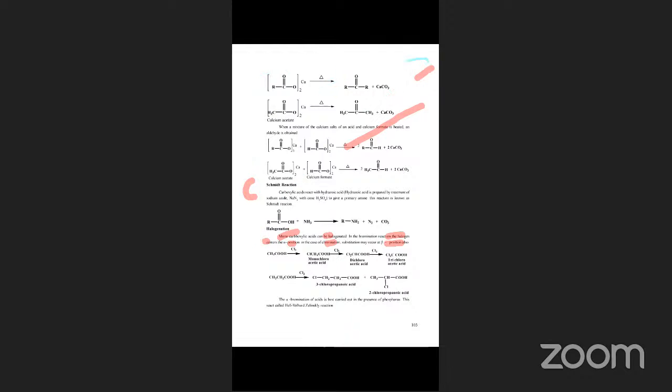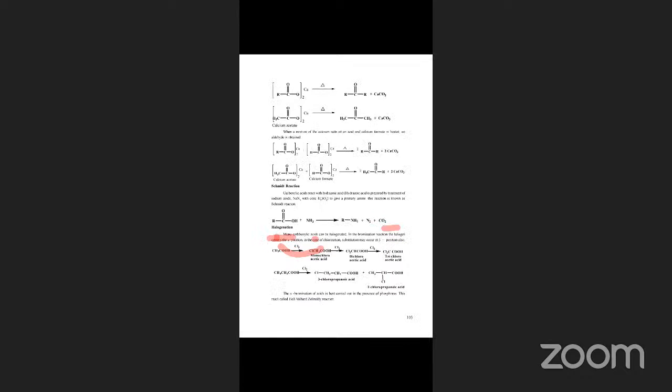Halogenation is possible at the alpha position. See, this one is acetic acid. CH3 is the alpha carbon. Look here. What is the change from this to this? Anyone tell me?